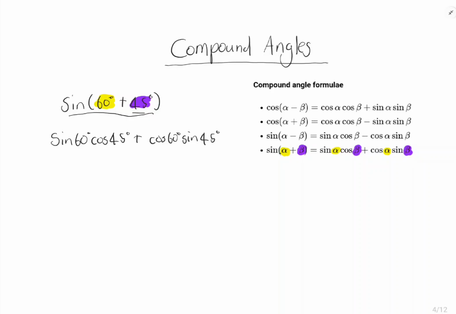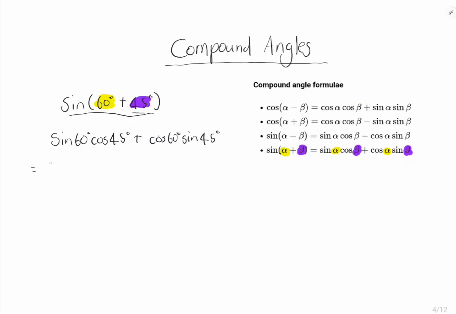Cool. So now that we have gotten them in this form, it is going to be much easier to simplify them, because now we are working with special angles, and you must know special angles. These are angles in which you don't really need to use a calculator, or at least you need to show how.